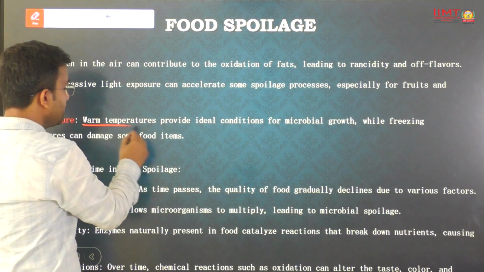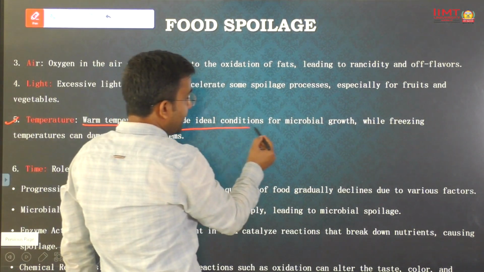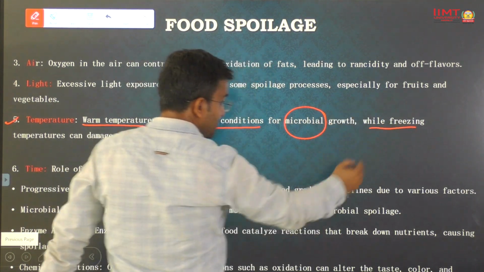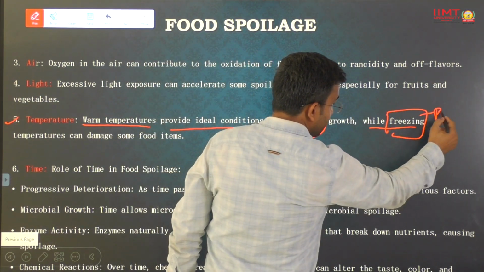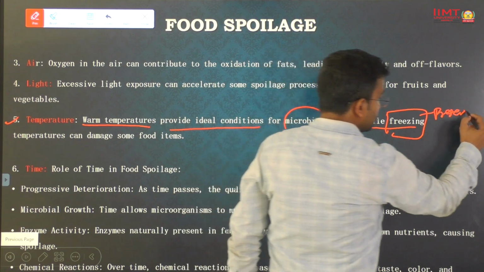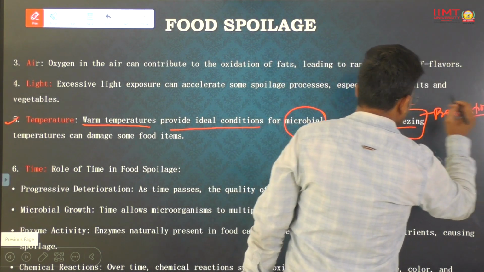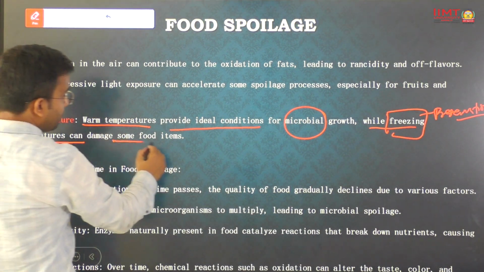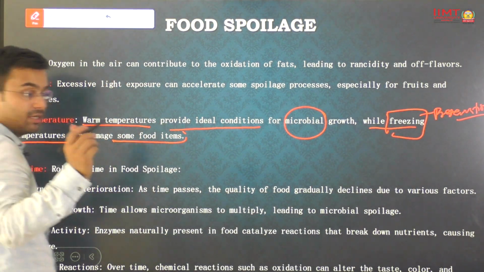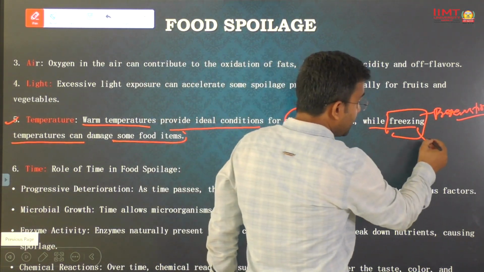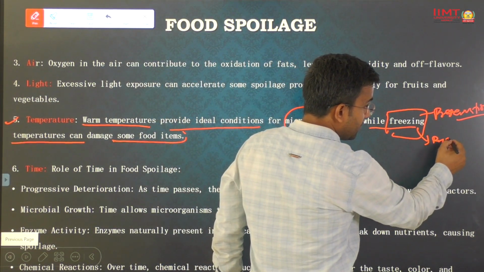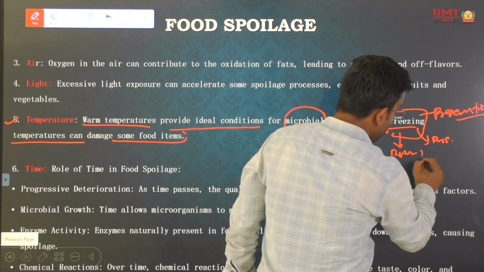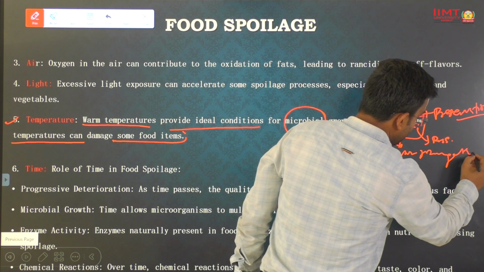Warm temperature provides ideal conditions for microbial growth, while freezing is a kind of preservation, though sometimes it can damage or destroy some food products.